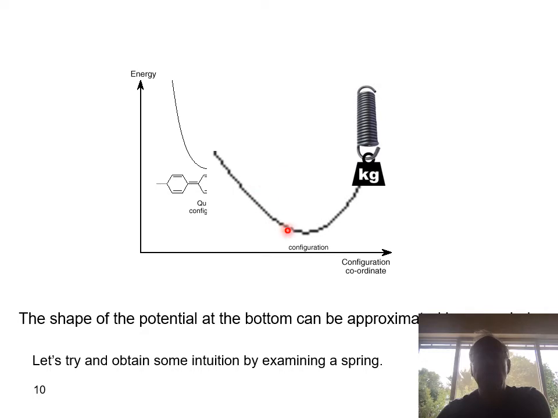So if this is a parabola, we know that at least in basic physics, we've already seen something that has this kind of shape of potential that is associated with shape changing, and this is the spring.